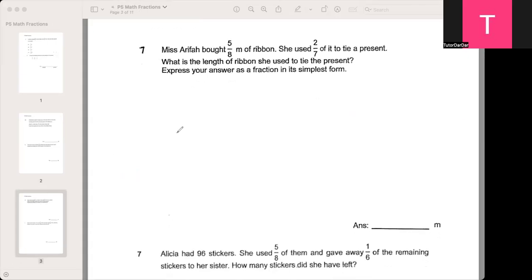Next question. Miss Arifa bought 5 over 8 meter of ribbon. She used 2 over 7 of it. Do you notice that this 2 over 7, there is no unit here? That means this 2 out of 7 of it, this it is referred to this.